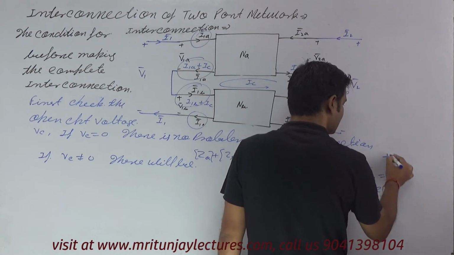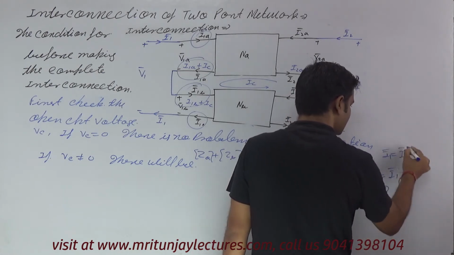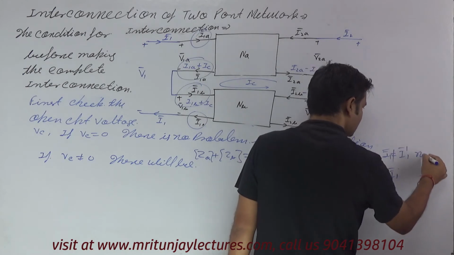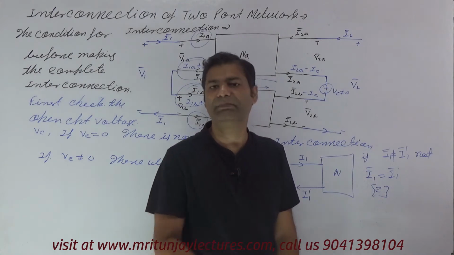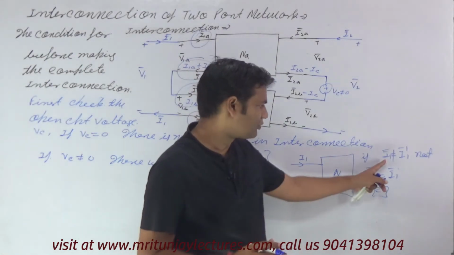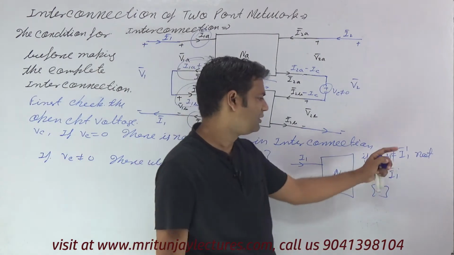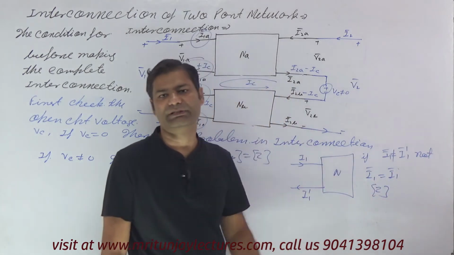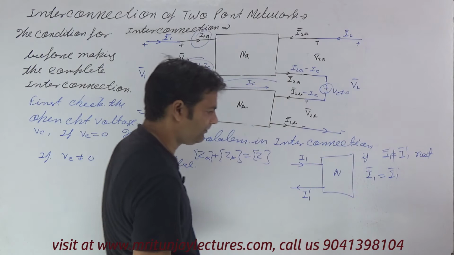Otherwise, if I1 is not equal to I1 dash, we do not get the Z parameter or any parameter. This is the effect corresponding to port 1 or port 2. If port 2, then the I2 current and I2 dash current. So, is it clear what I am saying?